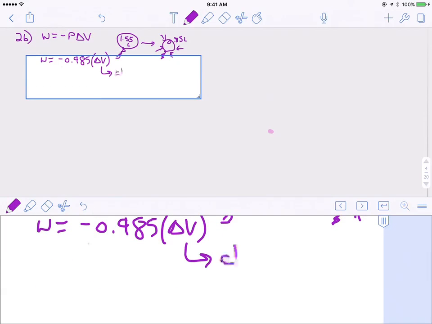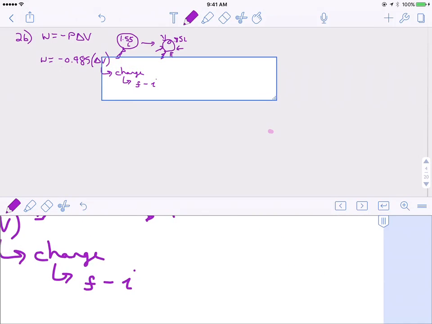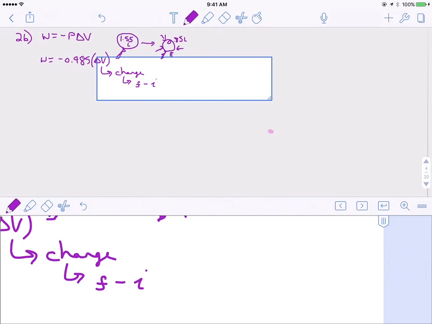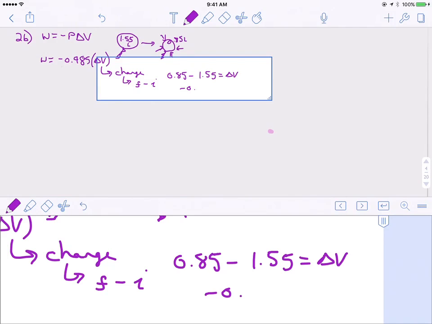Delta is change, okay, and change, as we remembered, is final minus initial. And for our case, our final volume, 0.85 minus our initial volume, 1.55. This tells me that negative 0.75 was my change in volume.